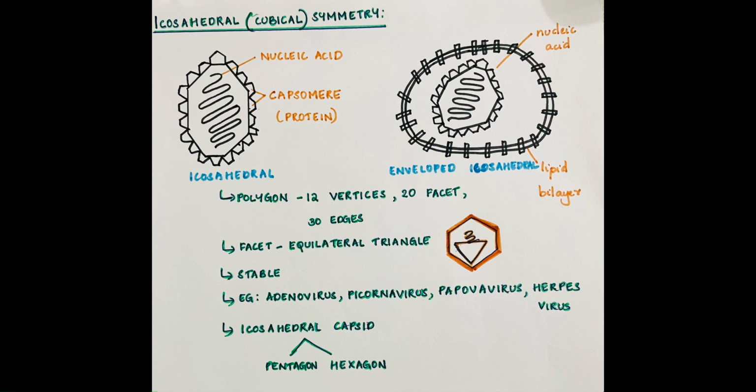The icosahedral capsid is the most stable and is found in human pathogenic viruses, for example adenovirus, picornavirus, papovavirus and herpesvirus. Icosahedral capsids are of two types. A pentagonal icosahedral capsid will have pentagonal capsomeres at the vertices, whereas a hexagonal icosahedral capsid will have hexagonal capsomeres at the vertices.